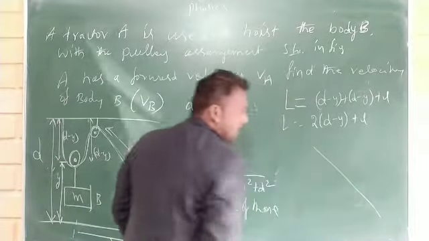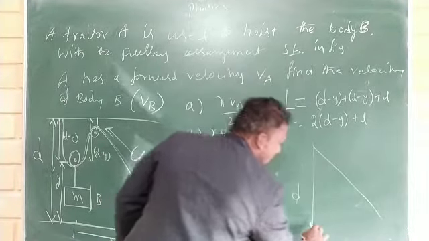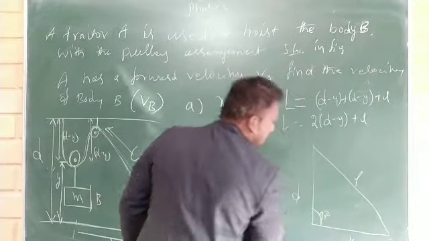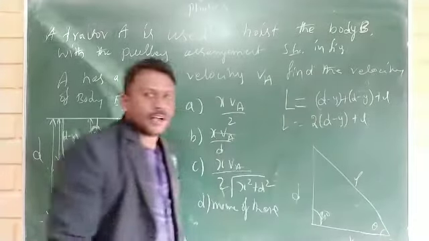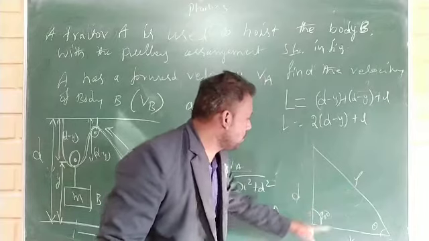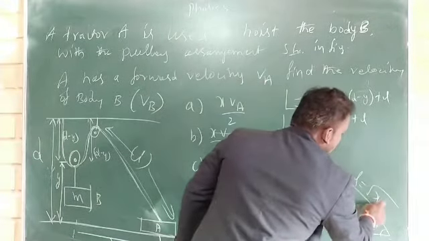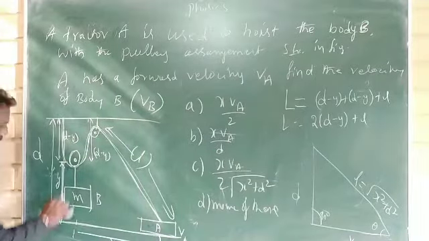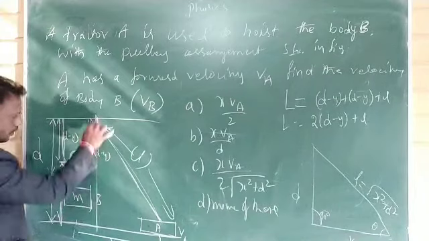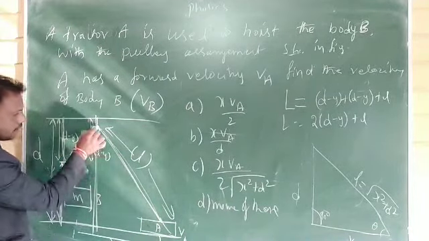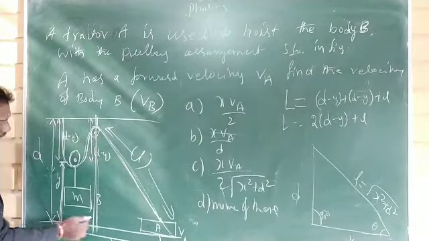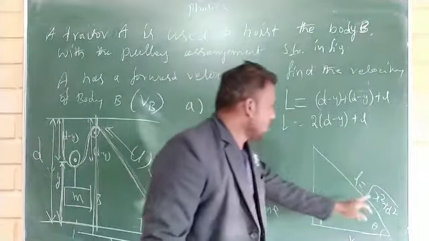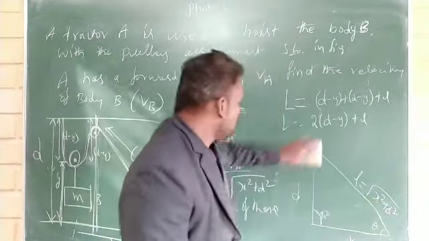This is l, this one is d and this one is x, a right-angled triangle with 90 degrees and this angle theta. l is equal to the square root of x square plus d square.